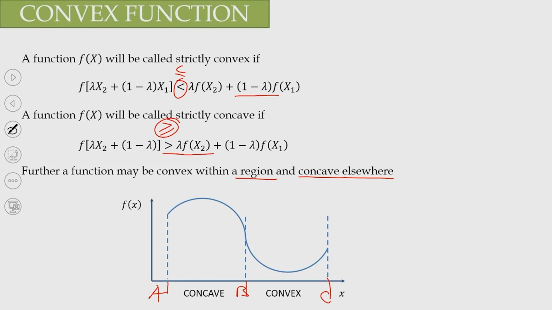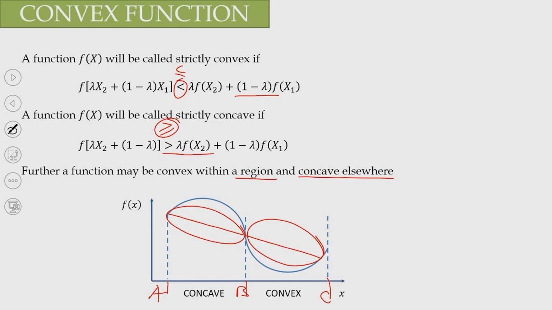But if I consider the region A to C, then this is a non-convex function, neither concave nor convex. If you take any 2 points, for this portion the line is above the function, and for this portion it is below the function. Therefore, if you take the entire region, this function is a non-convex function.